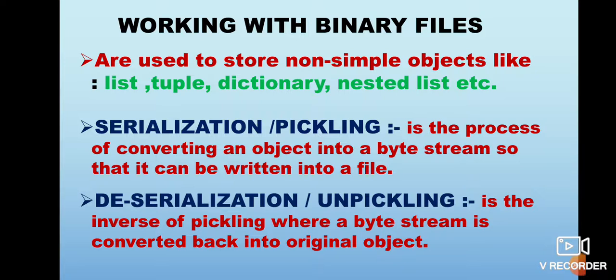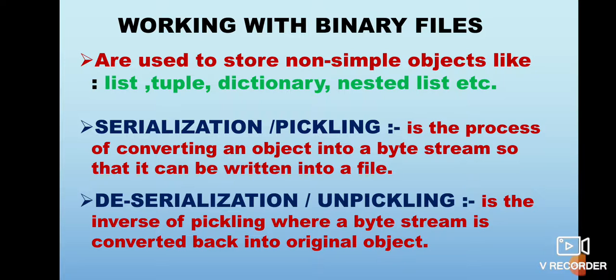So you can say that unpickling is the reverse process of pickling, where a byte stream is converted back into the original object. So we unpickle an object whenever we have to read data from the file, and we pickle an object whenever we have to write data on the file.